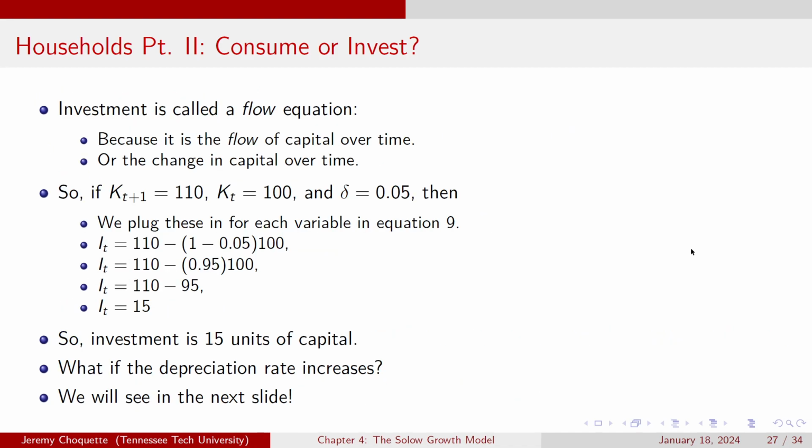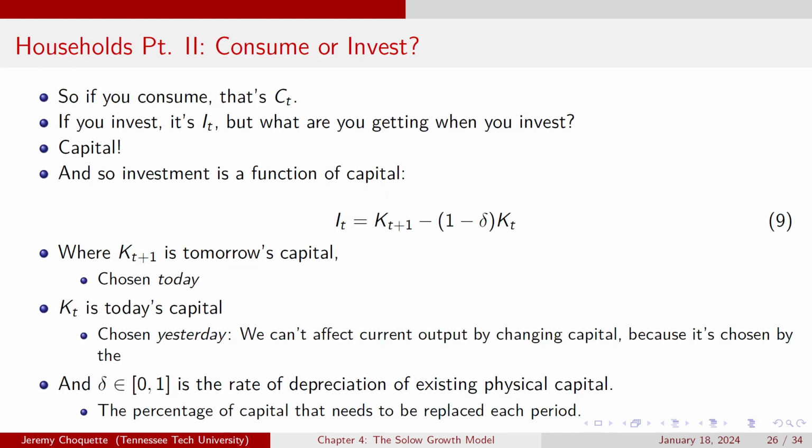So let's do an example, right? Investment's a flow equation, implying it's the flow of capital over time, or the change in capital over time. So let's just say K_{t+1} is 110, K_t is 100, delta is 0.05. With these, we just plug them into the law of motion of capital. This investment equation is called the law of motion of capital.